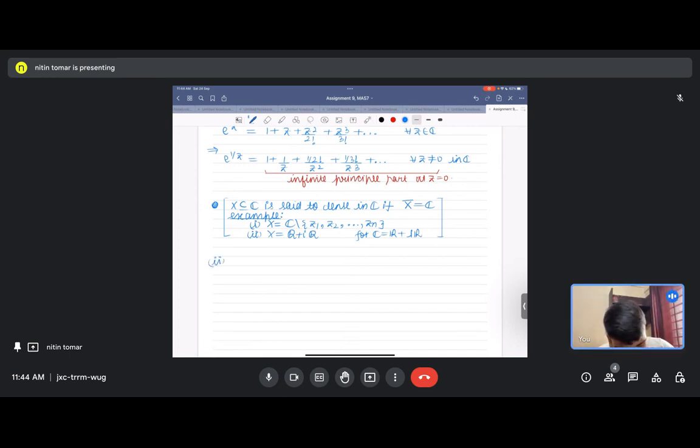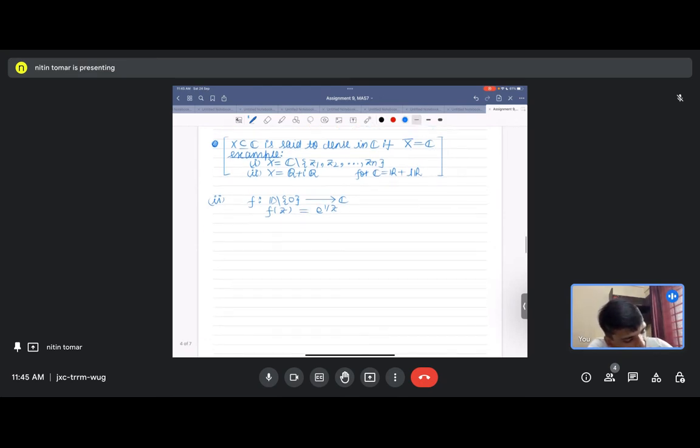Now let's see why the function e^(1/z) has dense image in C. Let f be the function from D minus 0 to C, with f(z) equal to e^(1/z). Let X be the range set of f, that is, f of D minus 0.